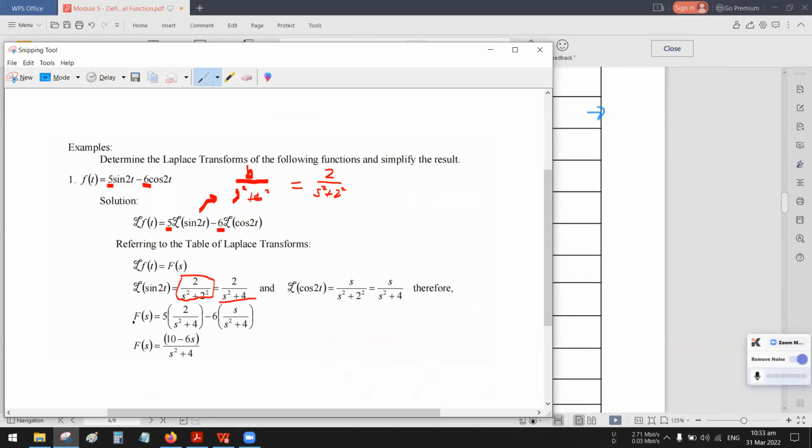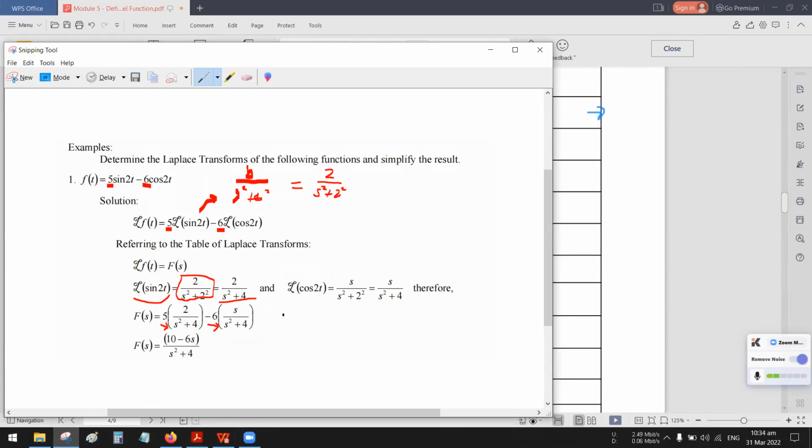So therefore, your value now would be 5 times 2 over s squared plus 4, minus 6, yung constant mo. Don't forget your constant. Okay? So ito yung palaging nakakalimutan. Don't forget your constant, minus 6 times s over s squared plus 4.